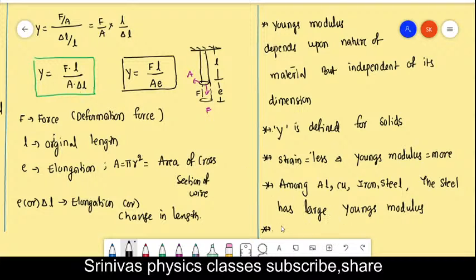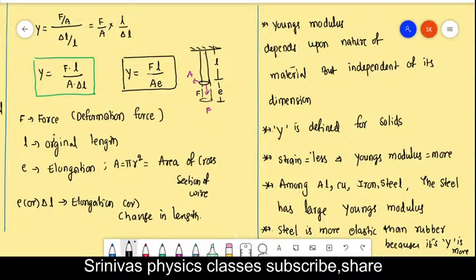The material steel is more elastic than rubber or aluminum or copper, because its Young's modulus is more and strain is less.